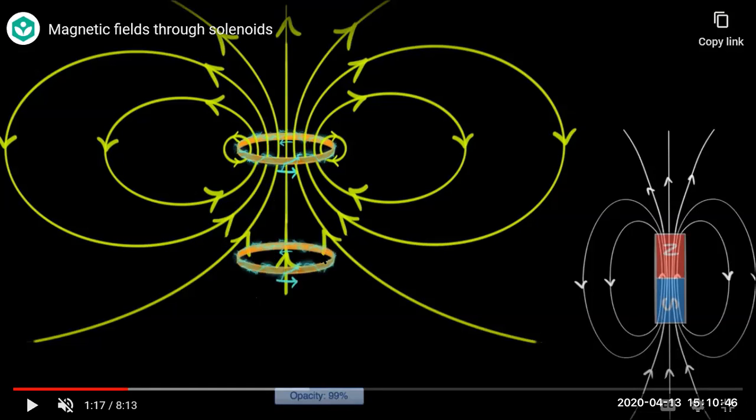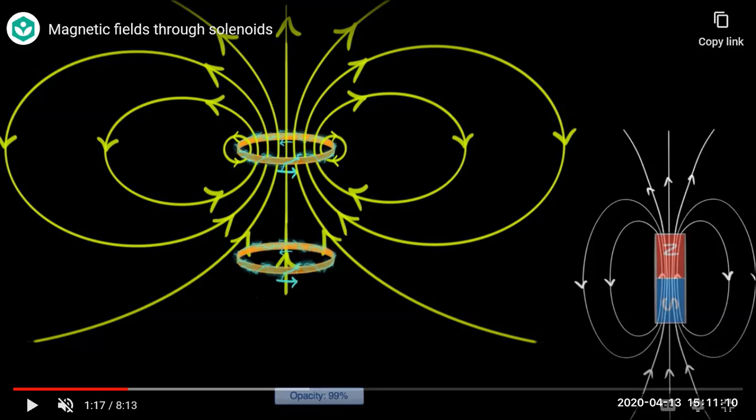We have actually brought in another ring over here, through which again current is going to flow in the clockwise direction. But again, what do we know? This ring is a separate ring. It will have its own magnetic field, which will have its own magnetic field lines.